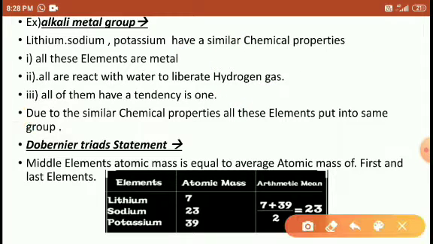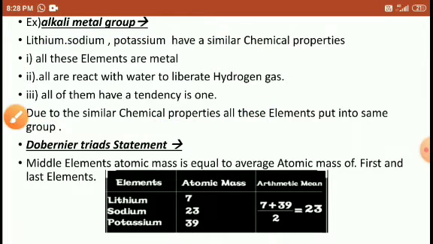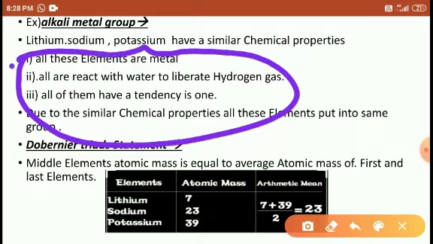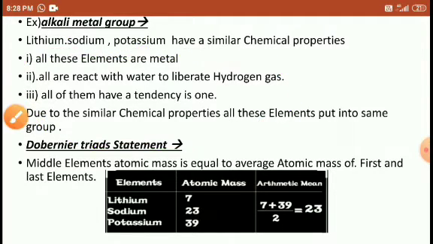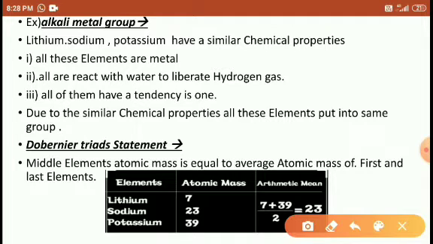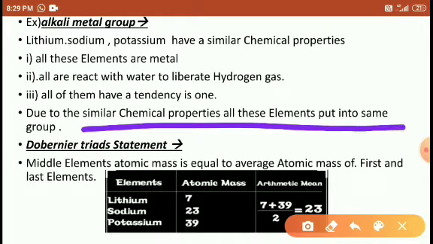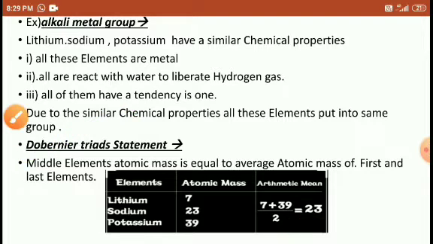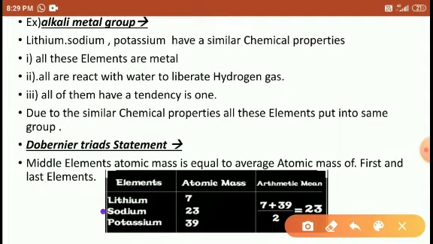These are the similar chemical properties of sodium, potassium, and lithium. Due to the similar chemical properties, he put them into the same group, and the middle element is sodium.